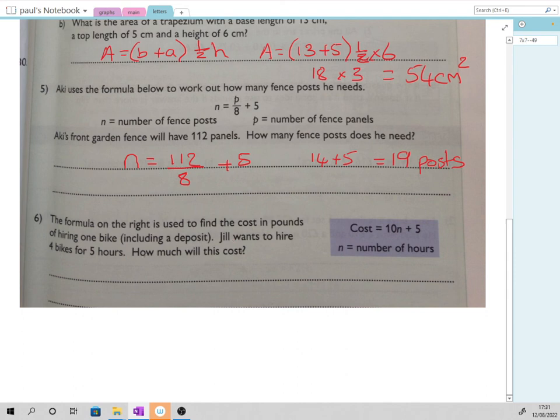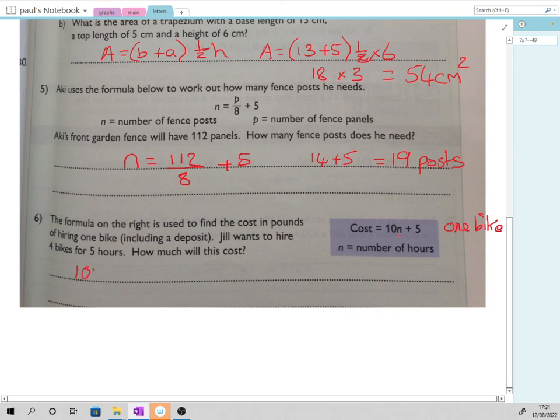How much will this cost? Now this formula is for 1 bike. Hiring 1 bike. So this is the number of hours. Don't get confused, that's not the number of bikes, that's the number of hours.